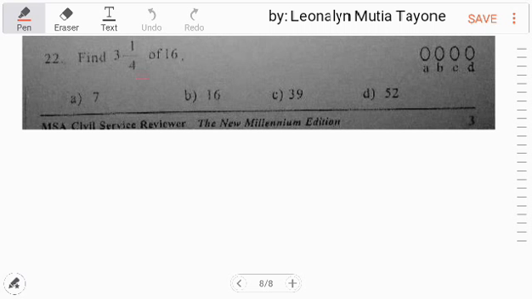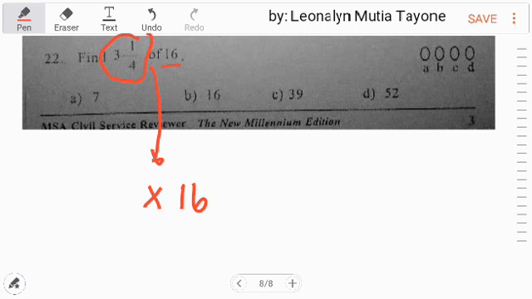Question number 22. Find 3 and 1/4 of 16. Pag sinabing of, multiplication yan siya. Tapos, 16, kopyahin itong 3 and 1/4. Bago tayo makapag-multiply ng fraction, dapat itong mga mixed numbers na ito, i-convert natin into improper fraction.